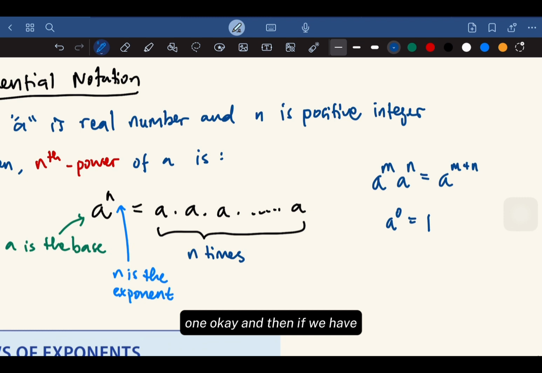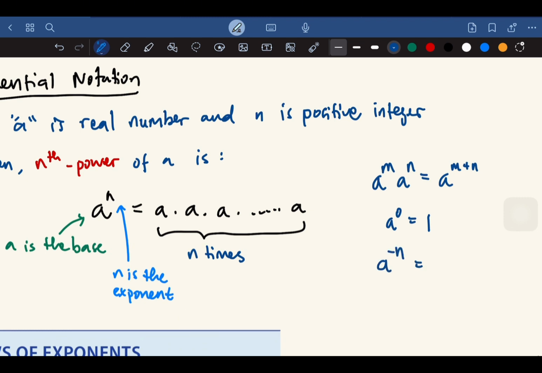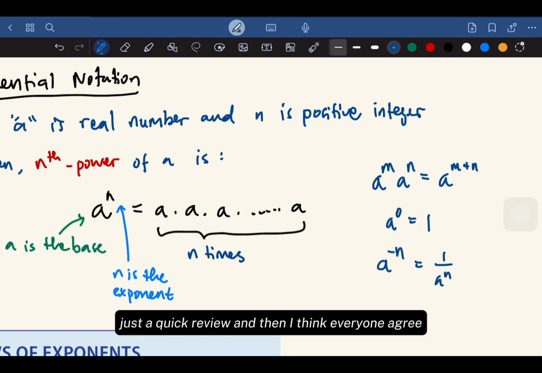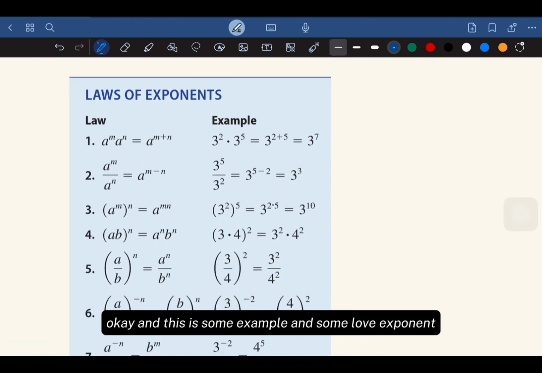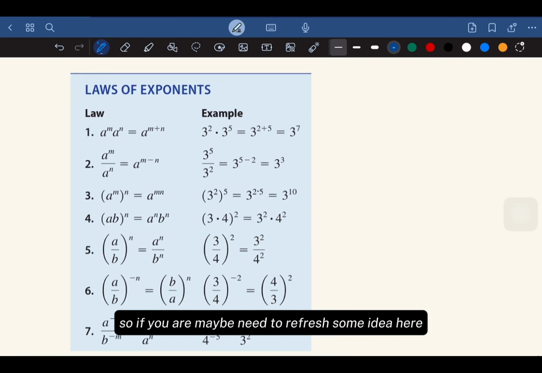And then if we have the negative n, this will be 1 over. Just a quick review, and I think everyone agrees. And this is some example and some laws of exponents, if you need to refresh an idea here.